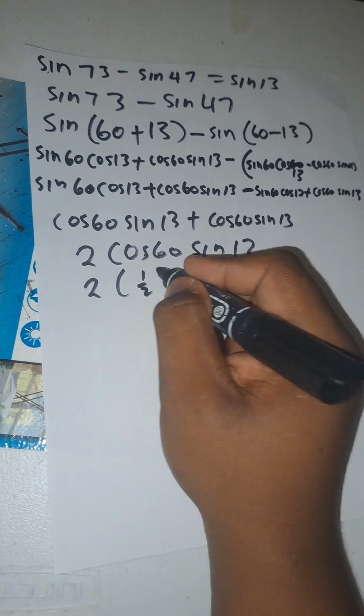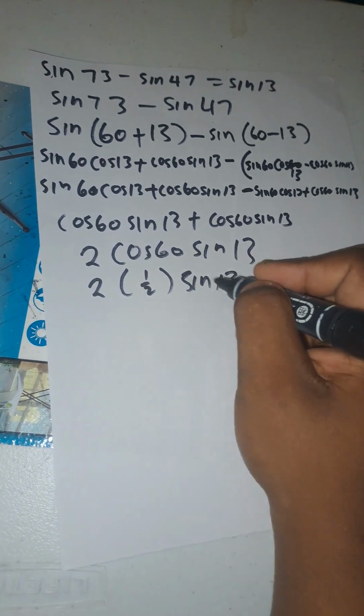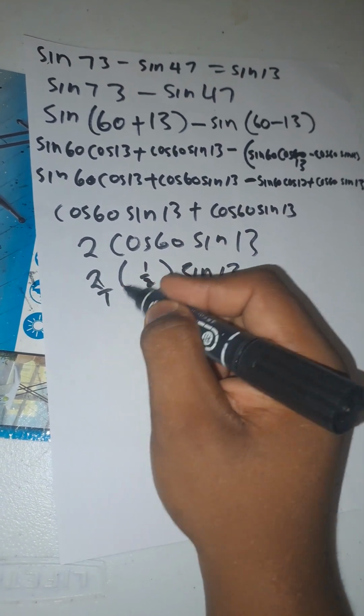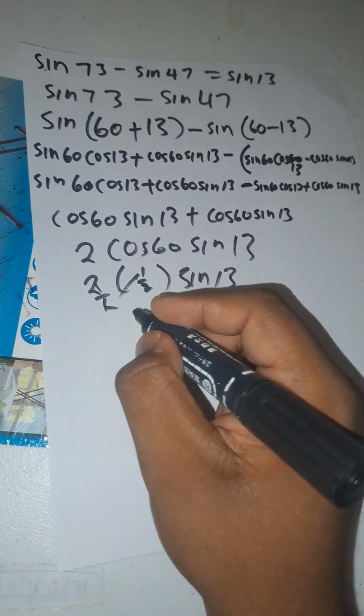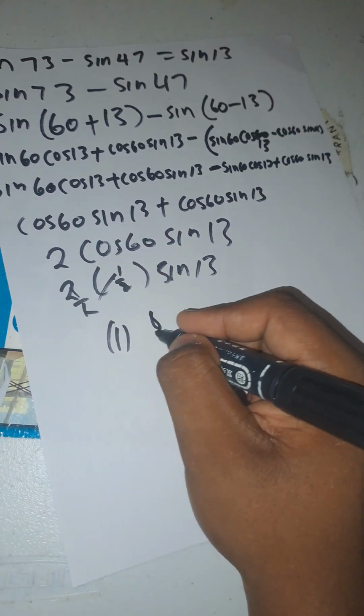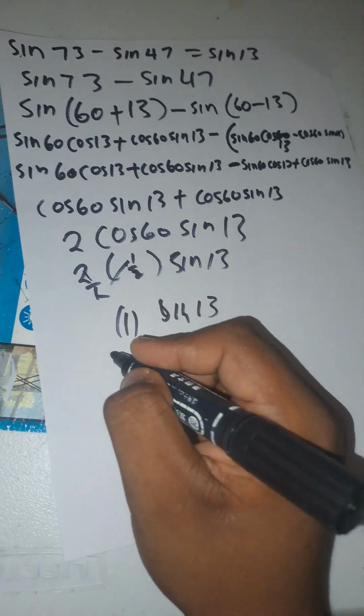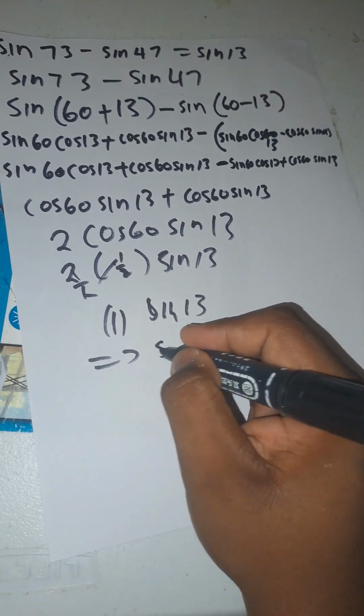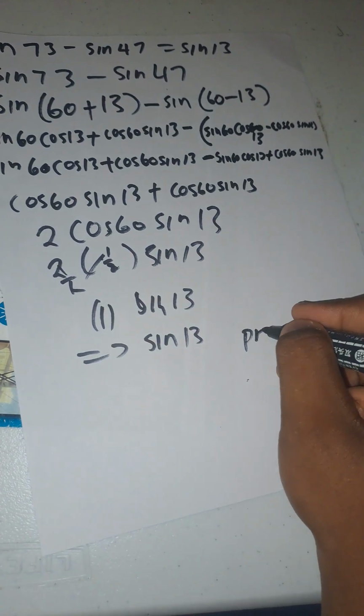This is half sine 13. Same story, cancel. Then I'm left with 2 times half is 1, so it's 1 times sine 13. Then my answer is what? Sine 13. Proven.